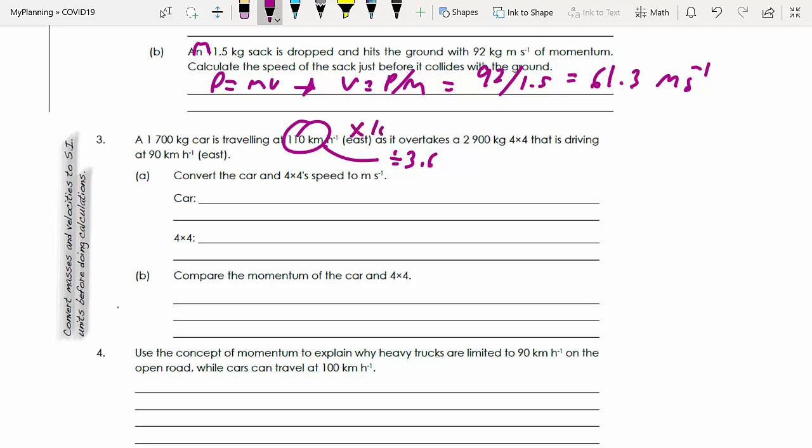So we could times by 1,000 and divide by 3,600, or I could simply divide by 3.6. So 110 divided by 3.6 means it's actually traveling at about 30.5 recurring meters per second, and then the 4x4 is traveling east at 90 divided by 3.6, which gives us an answer of 25.